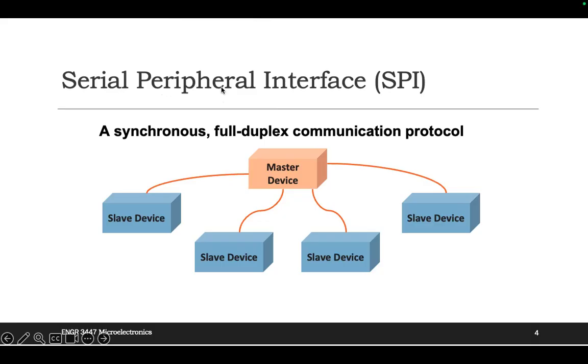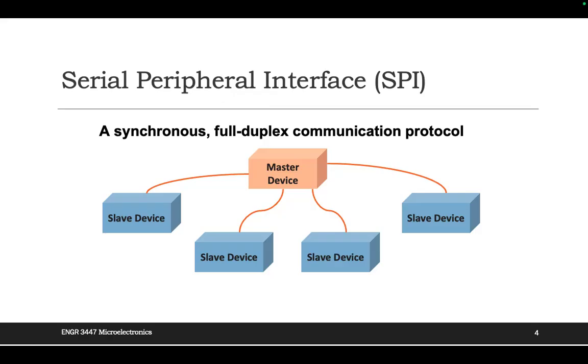As we talked about, SPI is a synchronous full duplex communication protocol.